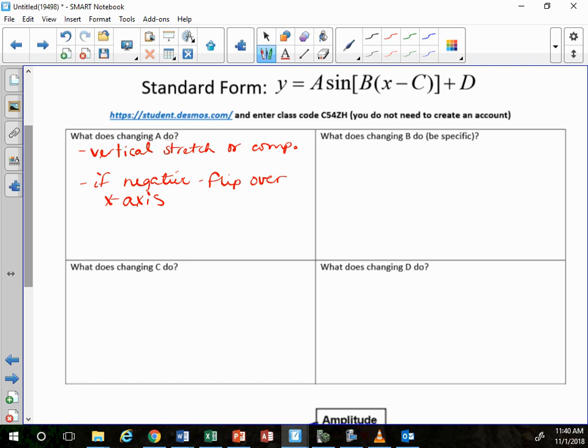All right, we're going to come back to B because that's kind of the weird one. What do you think C is doing? Right or left? Horizontal shift. Sometimes it's called a phase shift. And that just means right or left, okay? That's nothing new from graphs you've done before.